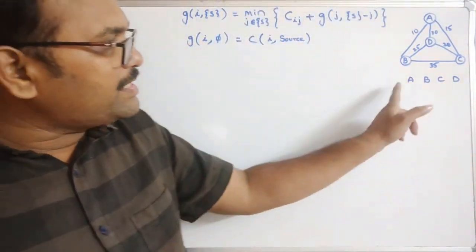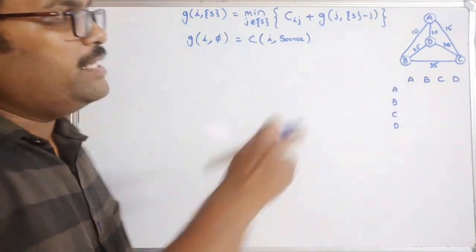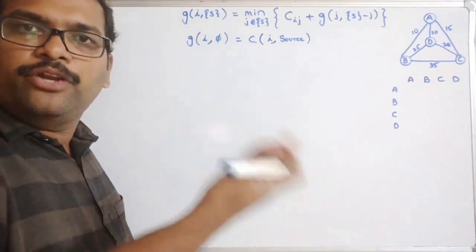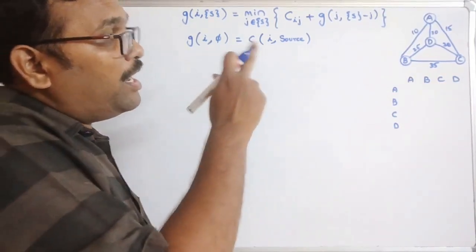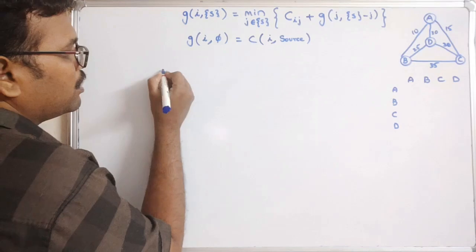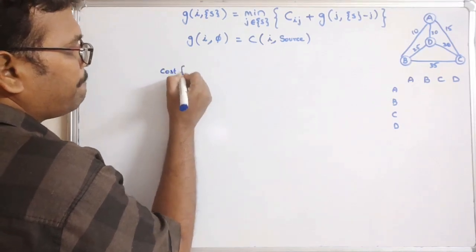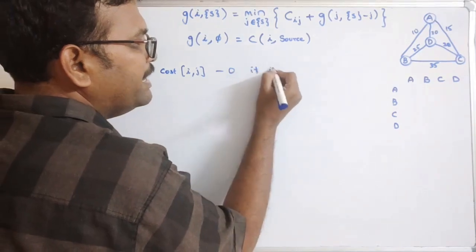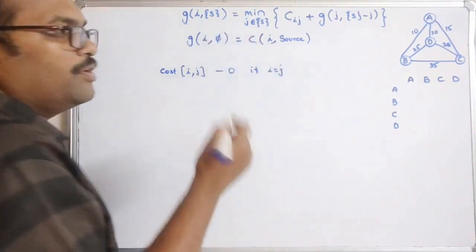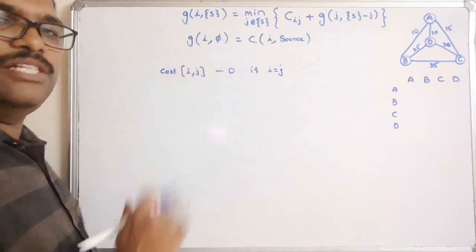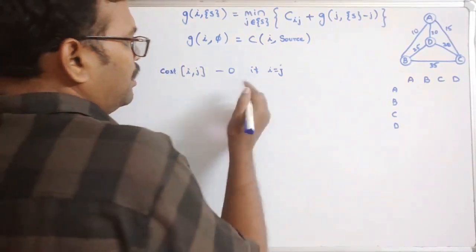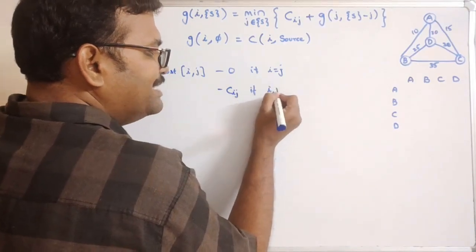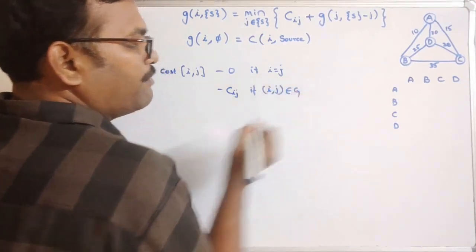Okay, so this is I and this is J. So there will be no edge from A to A or B to B or C to C or D to D. So cost of i, j will be 0 if i is equal to j. And it will be Cij if the edge ij belongs to the graph.